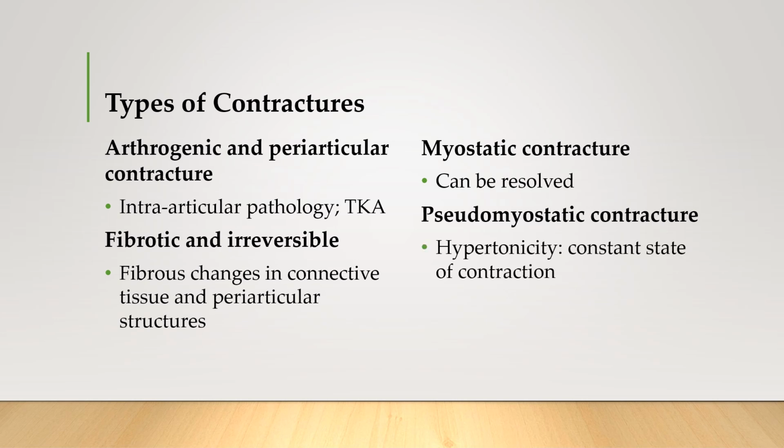And then the last one that we're going to talk about here is the pseudomyostatic contracture. Basically, there's impaired mobility, limited range of motion, which could be a result of something like hypertonicity or spasticity, rigidity. These are mainly associated with CNS lesions, such as a CVA, spinal cord injury, a TBI, those kinds of things.